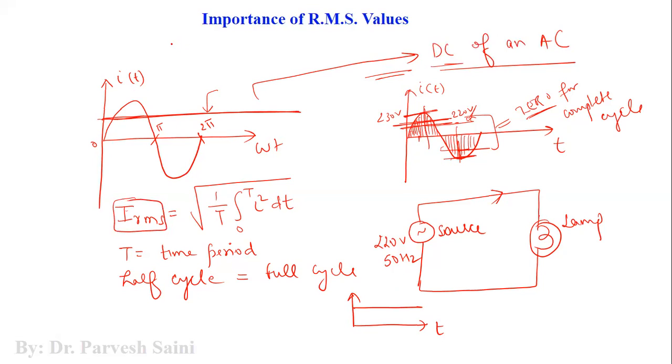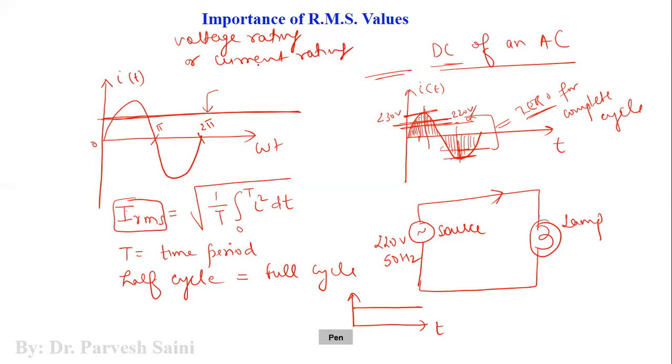Whenever you see some voltage rating or current rating, like if you see somewhere 220 volt 5 ampere, this 220 volt 5 ampere indicates the RMS values.